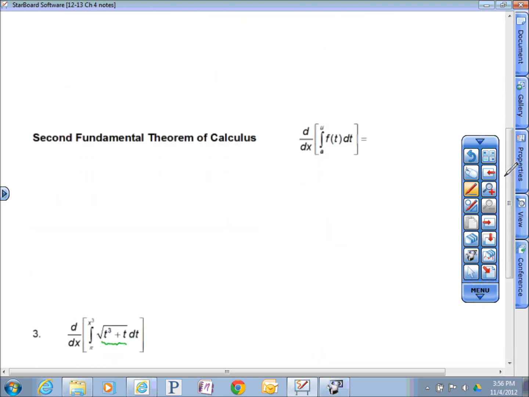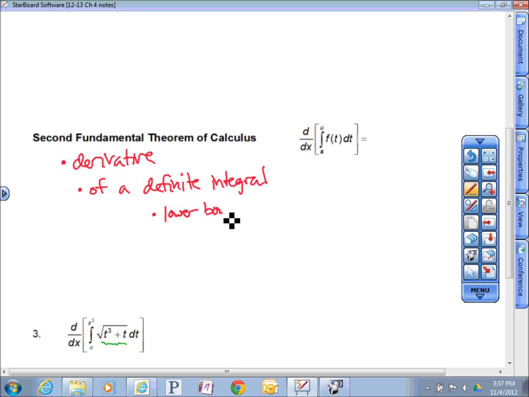First off, you've got to be taking a derivative of a definite integral, and that definite integral has to have a lower bound that's constant, and the upper bound has to be a function of x.